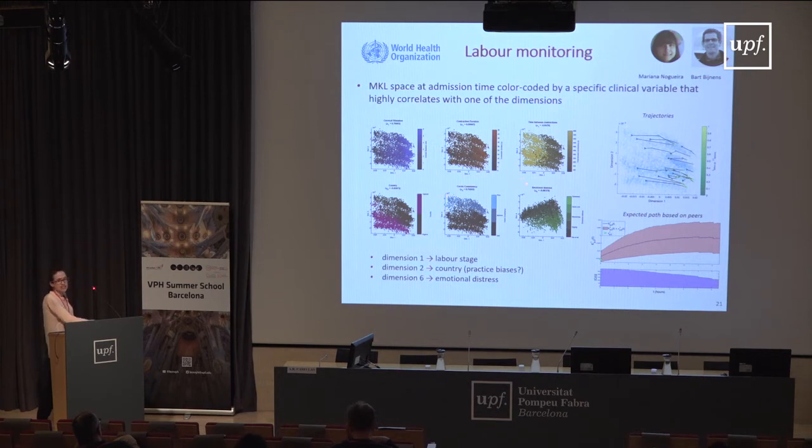The cervix consistency is something that is done qualitatively. So this suggests that there might be some bias between the country and the way of assessing the cervix consistency. And now we have also, for example, in this graph over here, which is another dimension, we can see that it correlates with emotional distress. Okay?